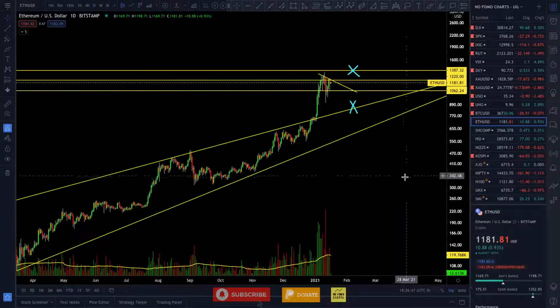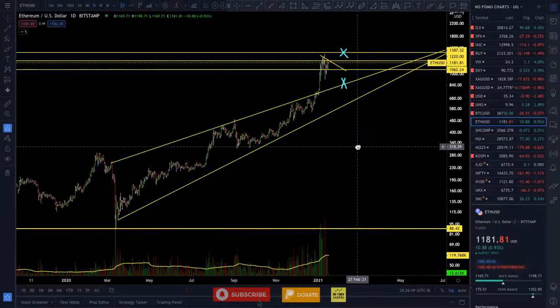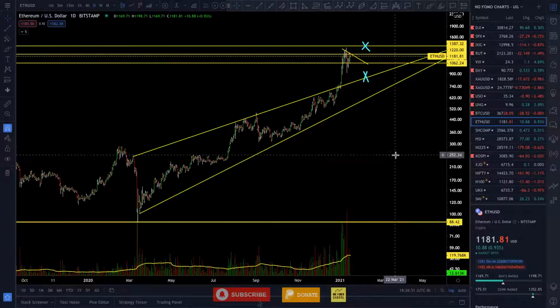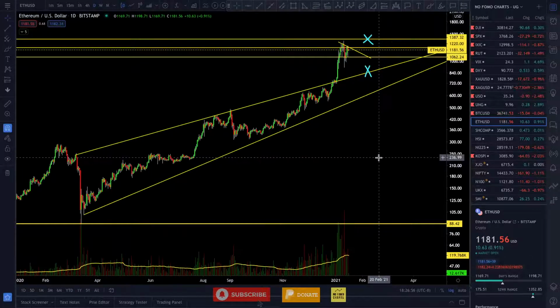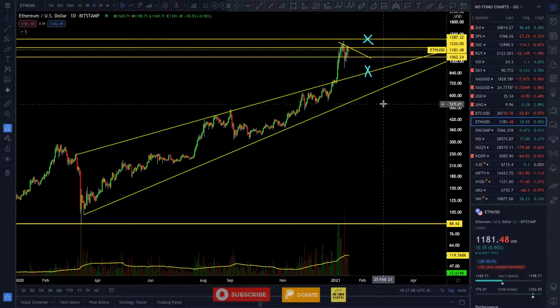Just a note for people, it's educational, okay: if earnings has a negative effect on crypto, I wouldn't be surprised if we pull back down in this market. There's plenty of room to go down and still be in a long-term uptrend.